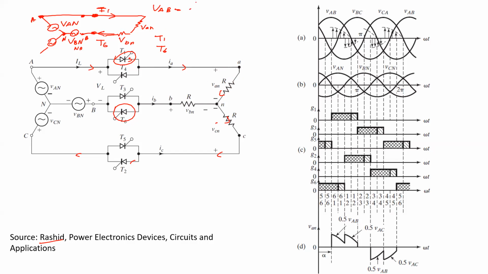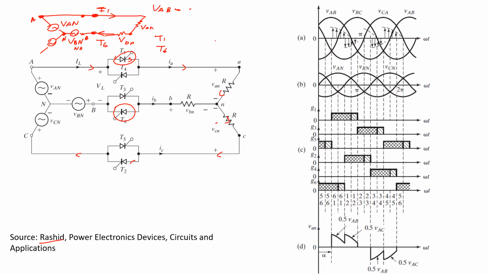VAB will be applied across these 2 resistors, so we can easily use the resistive divider method to calculate the phase voltage.